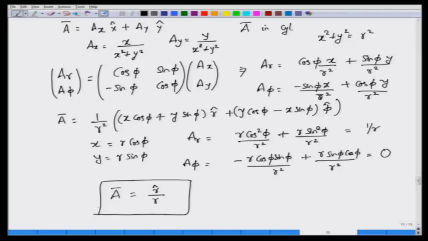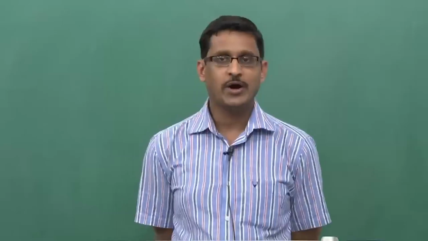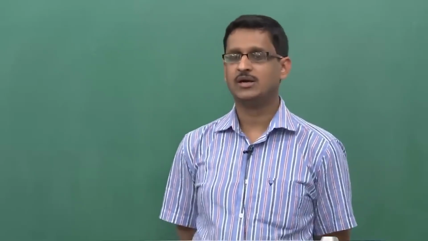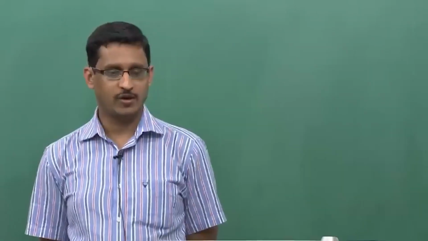Is this surprising to you? If you are not surprised, then you should be surprised. Why should you be surprised? Because in order to represent a point which is originally represented in Cartesian coordinates as x by x square plus y square and y by x square plus y square, we had to give the values of x and y, both the values of x and y.